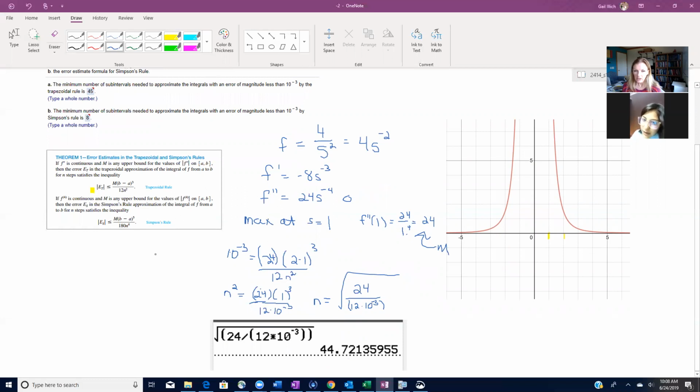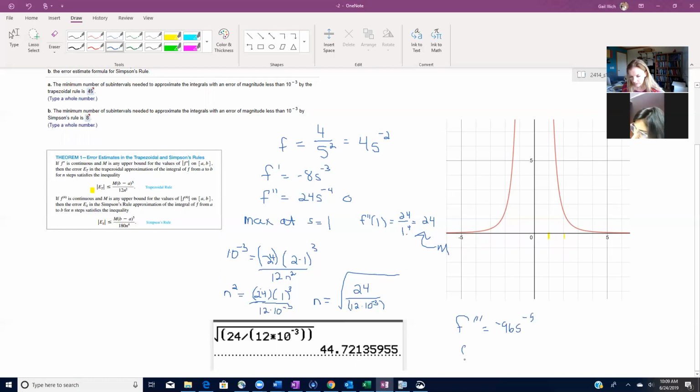Okay. So the Simpson's rule will be similar, except that you need a fourth derivative. Your second derivative was 24s to the negative 4. So your third derivative is going to be negative 96s to the negative 5.